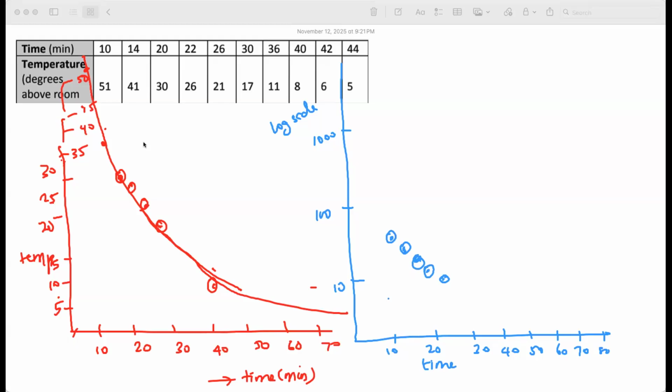Give me a minute. One second, guys. I want to take a semi-log plot image. One second, guys.